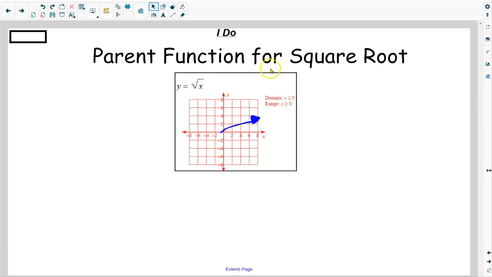While we're here on the topic, don't forget the absolute value parent. The absolute value function looks like a V. So that should come to your mind when you think absolute value, the V, and now the square root. That's very important.